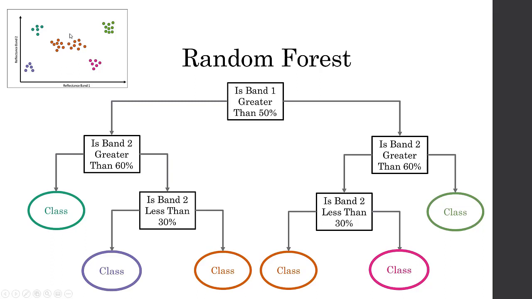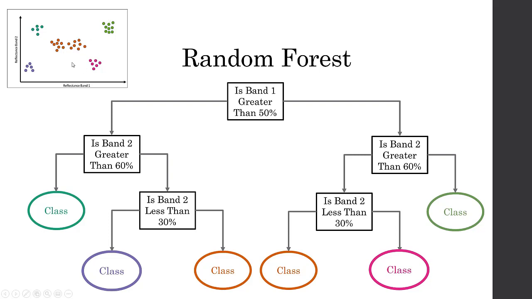So you might say, okay, let's just pick 50% in band 1 as a good threshold. So we'll say, is band 1 greater than 50%? If yes, we're over here. If no, we're over here. If it is greater than 50%, now we're over here, and the other option we have is band 2. So we say, is band 2 greater than 60%? We'll be up here. Is band 2 less than 60%?